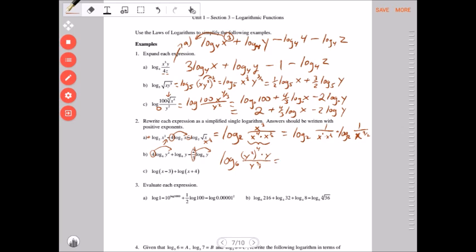Okay, so now we do some combining. So y squared to the 4th is y to the 8th, times y is y to the 9th. So this is going to be log base 6 of y to the 9th over y to the 2/3.